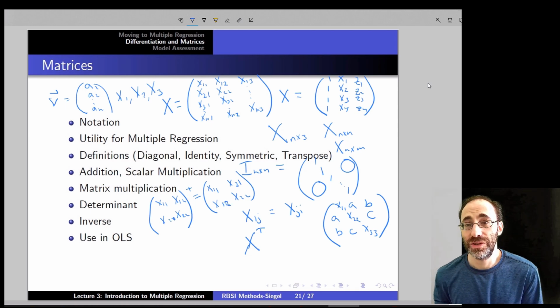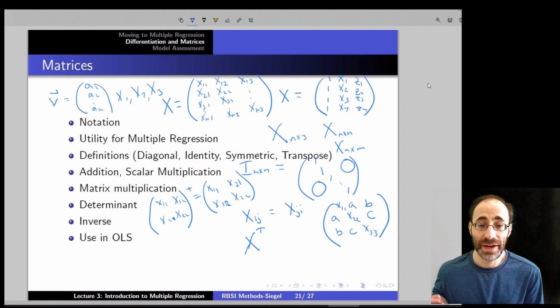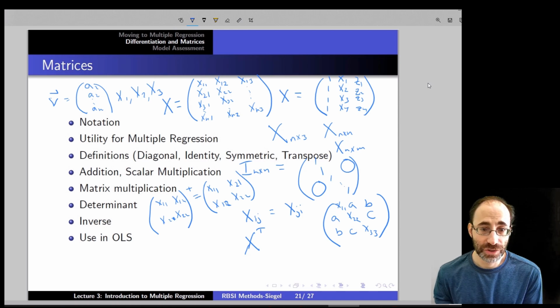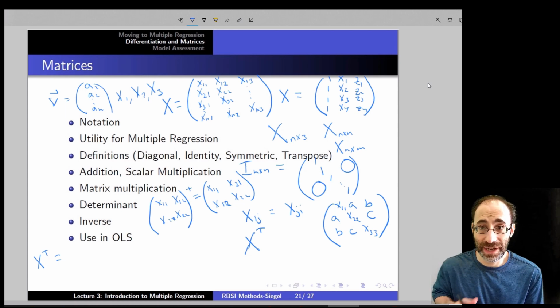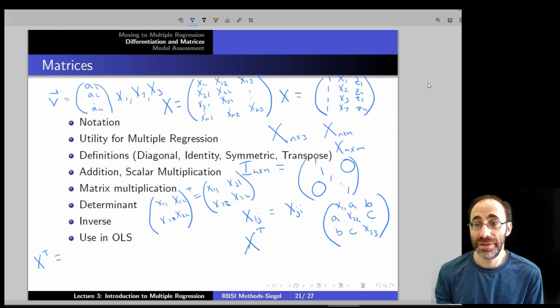It's a little more complex if you take a transpose of a non-square matrix. Let's take this x over here, this x that's n by 3. Well, what's the transpose of that? Actually, let's do the transpose of this x because it'll be more easily identifiable on the screen. We're still doing the same thing, taking all the xij's and making them xji's. So for column 1, x11, x21, x31, x41, we're flipping them the other way.